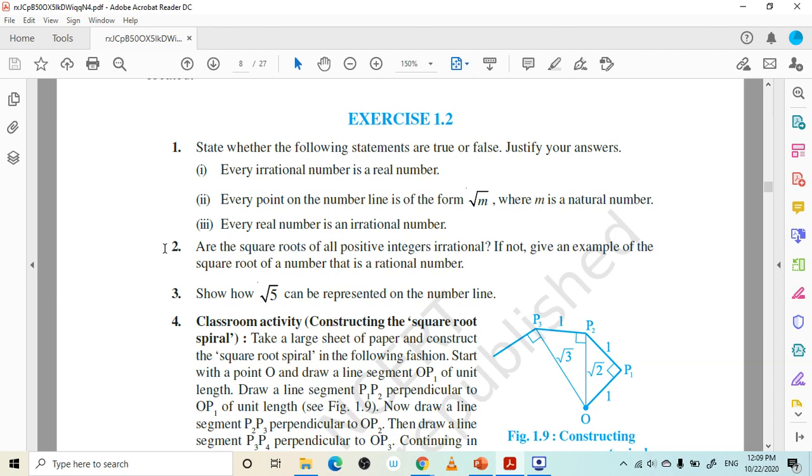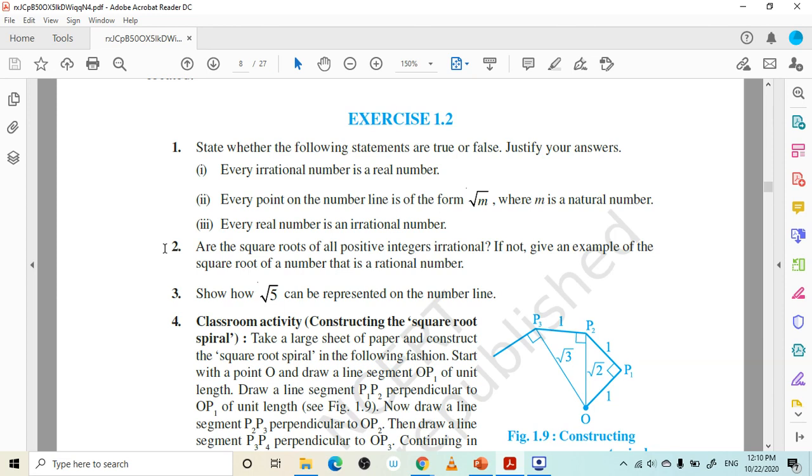What I teach you, that only you have to do, and what I tell you to do, you have to complete compulsorily. These are just three true and false questions which we have already discussed, so I didn't want to waste our time on this exercise.